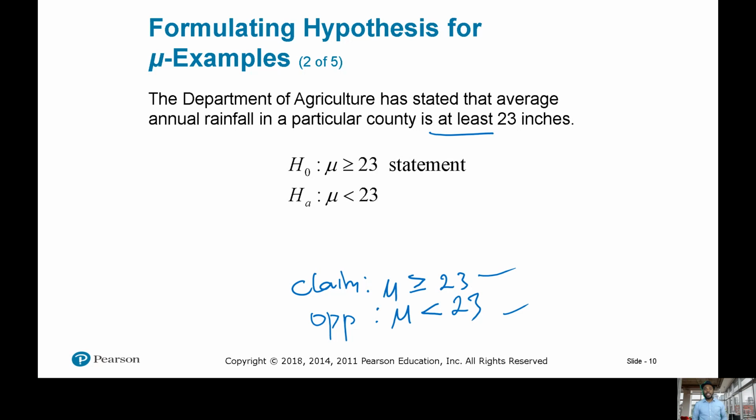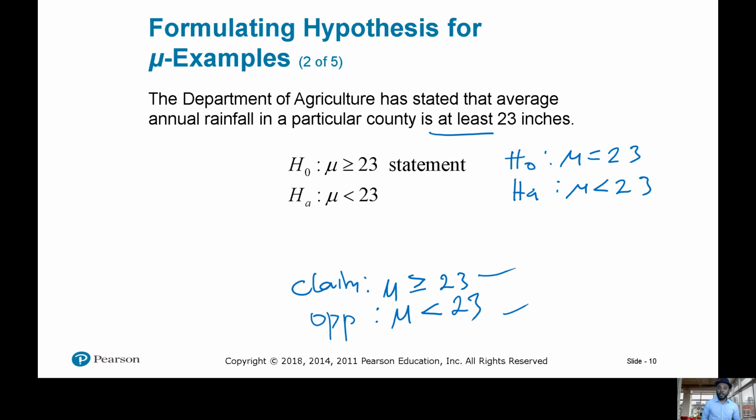Okay? Now, I usually tell people that we state the null hypothesis with an equal sign. So the null hypothesis is a statement of equality, so I can as well have written this as H0 is such that mu is equals to 23, and HA is such that mu is less than 23.